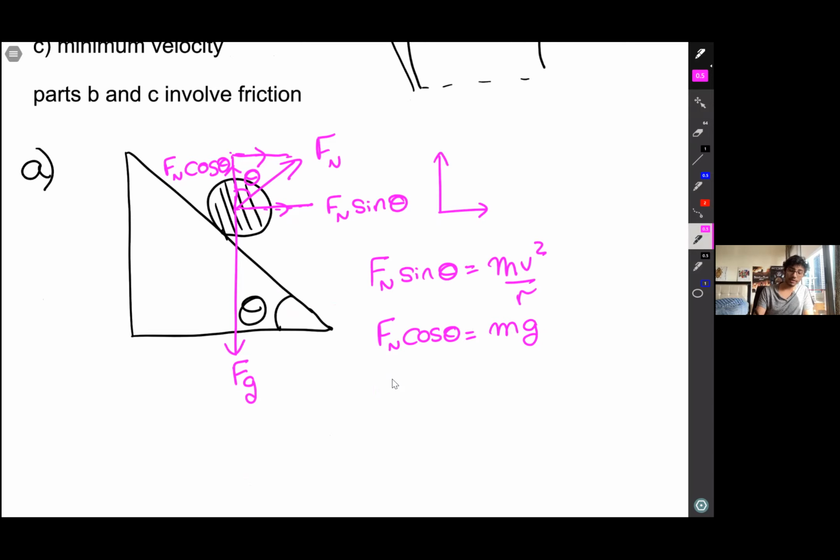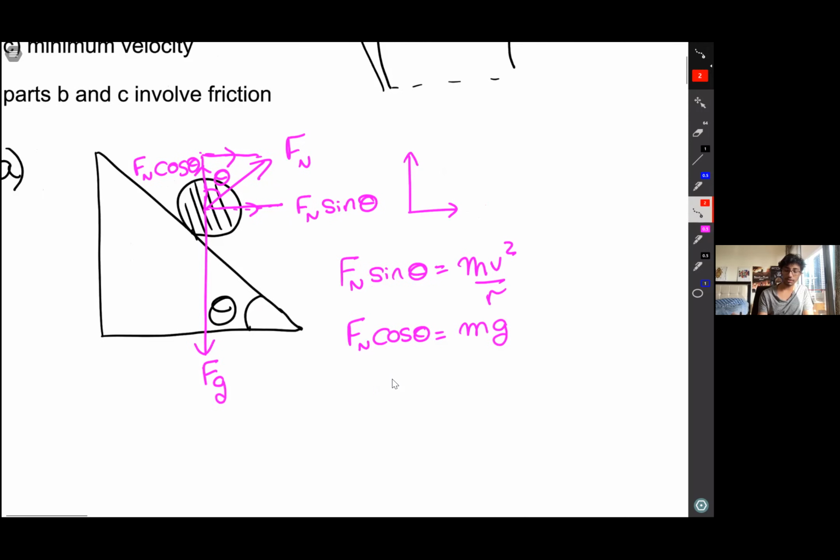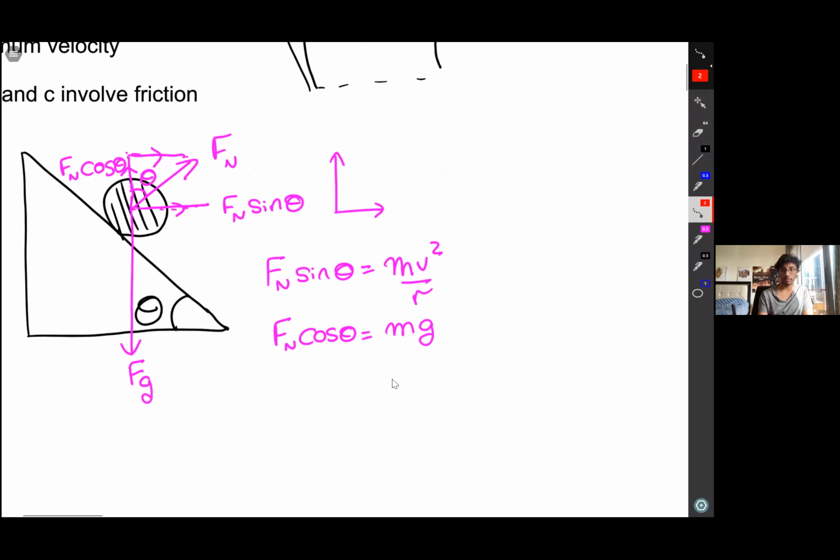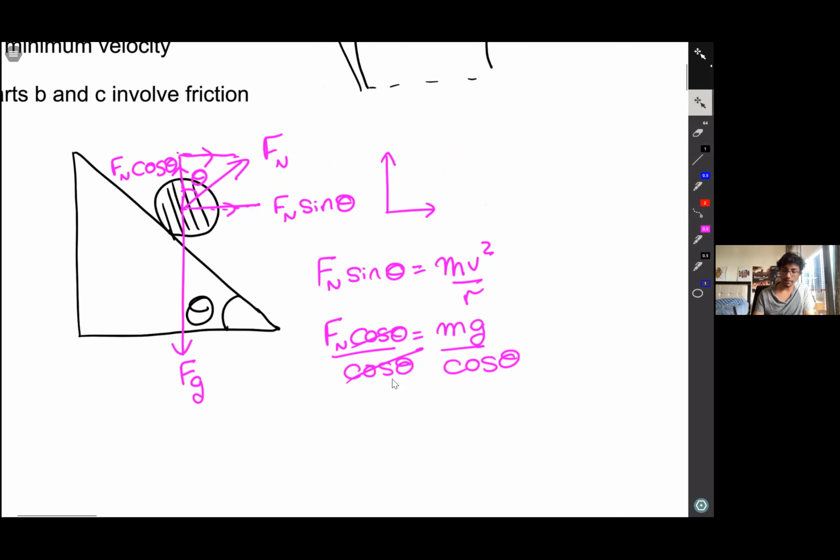Because I have Fn up here and Fn down here, I will divide by cos theta on both sides and cancel the cos theta. So Fn is equal to mg over cos theta, which I can now substitute back up here.